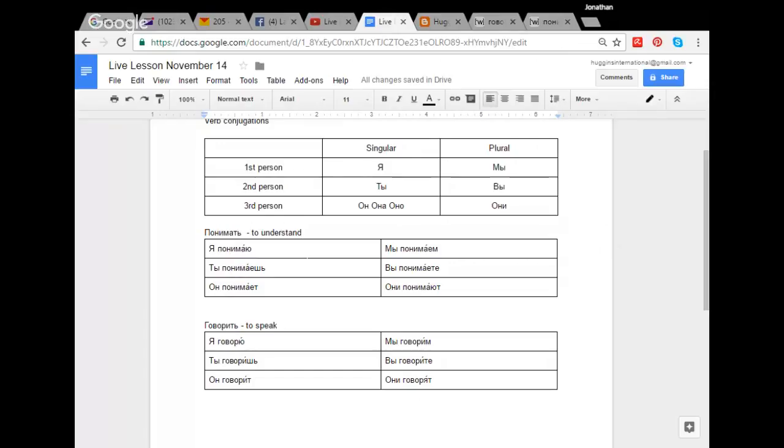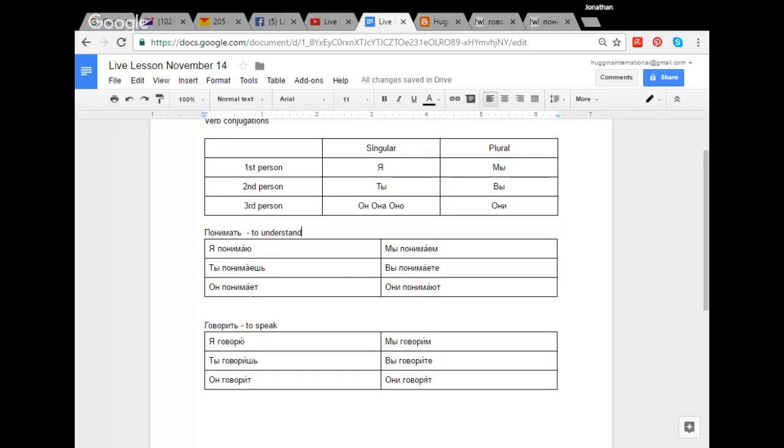And one of my teachers told me, in order to learn these verbs, that in general it's important to memorize the first person, the ya, the third person singular, the on, ona, and the third person plural, the oni. Those generally represent the three variations that you'd have for the spelling.